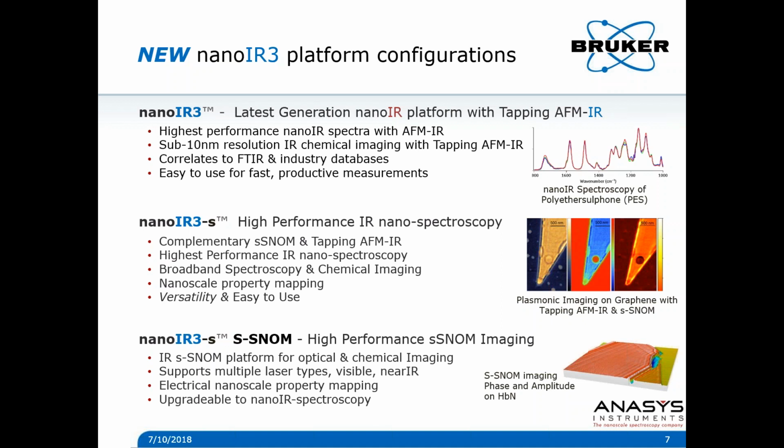So it gives you the complementary capabilities of scattering SNOM and Tapping AFM-IR, and also allows you to do broadband spectroscopy and chemical imaging. So today, though, we are going to focus on the Nano IR3. And in a future webinar, we will introduce the scattering SNOM capabilities of the system. All right.